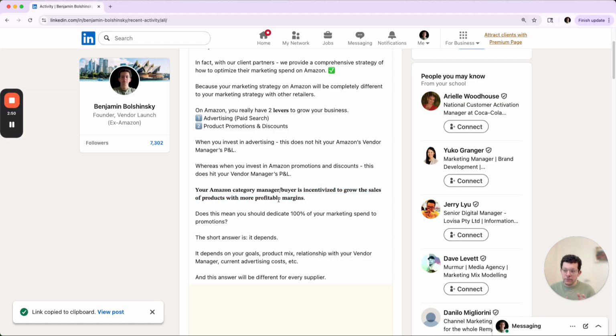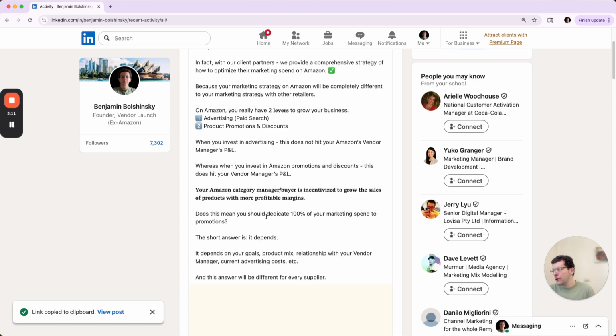At least in Amazon, your vendor manager has two KPIs, a top line sales figure and also a bottom line profitability figure. Two KPIs for your account. And so, generally speaking, your Amazon category manager will be more likely to grow more profitable products.